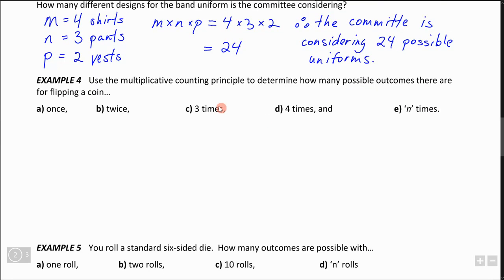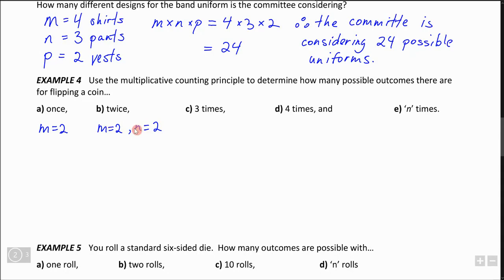Okay, let's look at example 4. We use the multiplicative counting principle to determine how many possible outcomes there are for flipping a coin. So if you flip a coin once, you only have 2 possible outcomes, so M equals 2. If you flip a coin twice, M equals 2 for the first outcome. The second event is the flipping of the coin the second time, the second outcome.